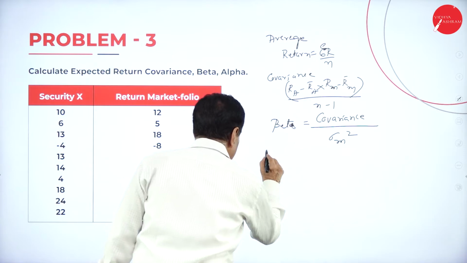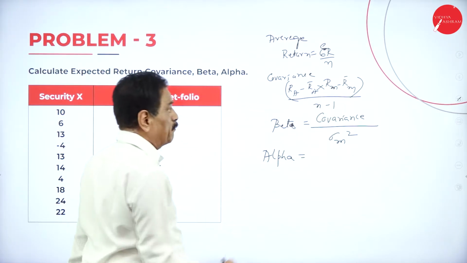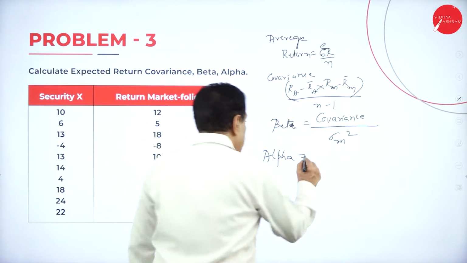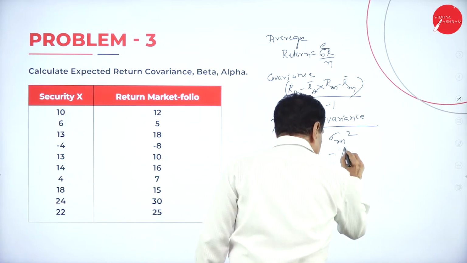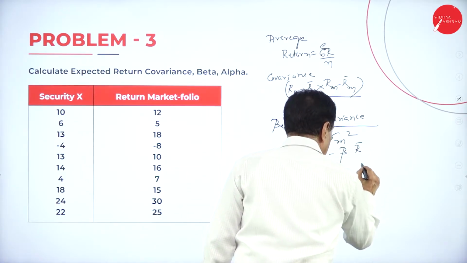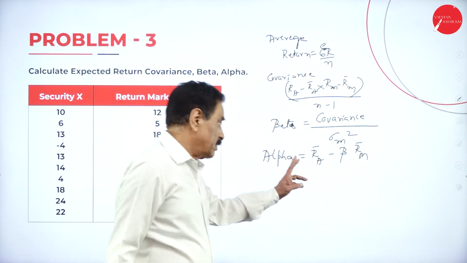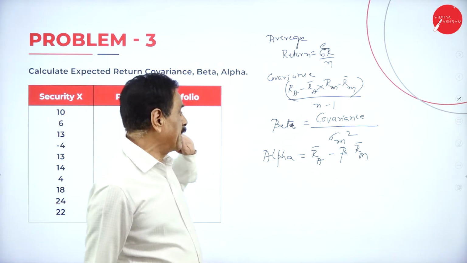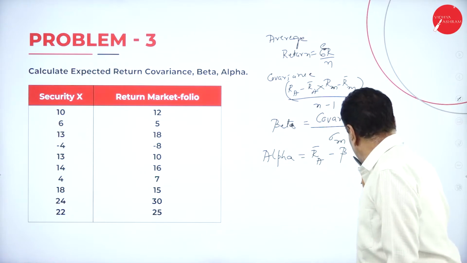Then alpha, this is going to be calculated. I'm saying which are the things to be calculated, I'm going to explain. One, R mean A, stock A, minus beta into R mean market. Average of stock, average of market portfolio into beta you have to calculate. So alpha is equal to R mean A minus beta into R mean M.